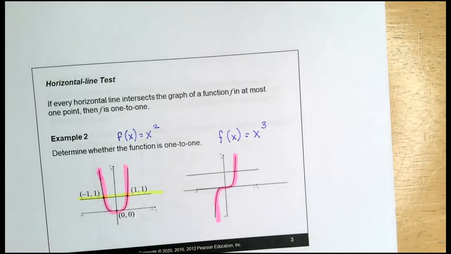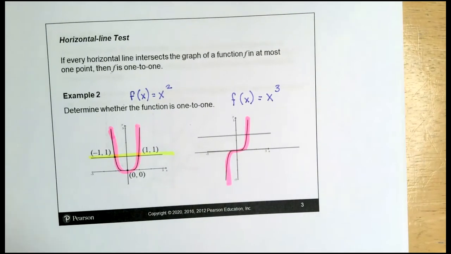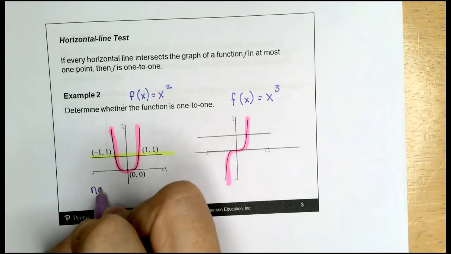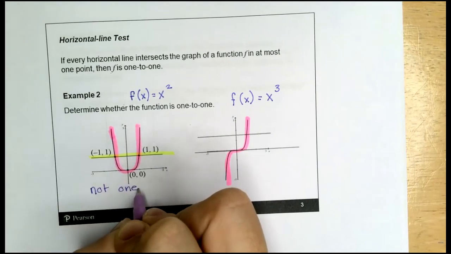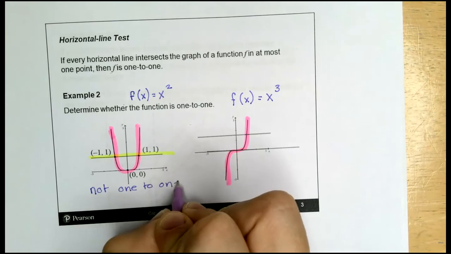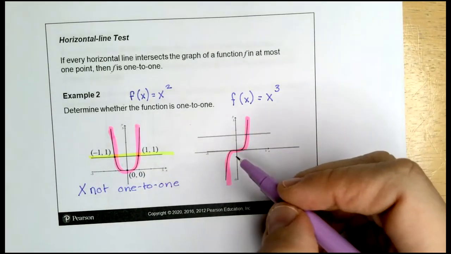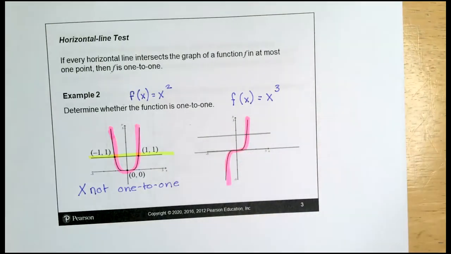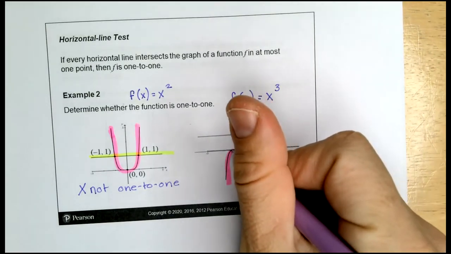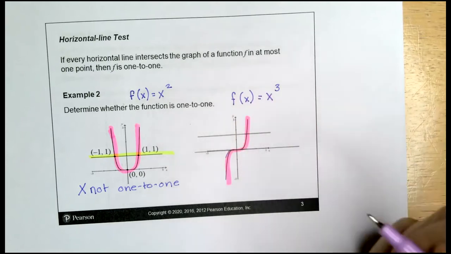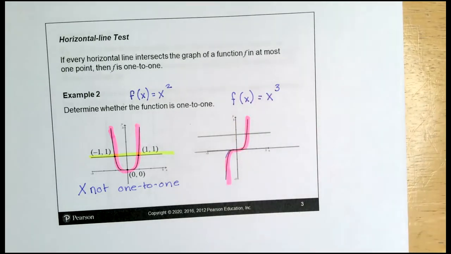Here we say no, right? This is not one-to-one. This one, way down there, it looks like it goes straight, right? And maybe it does, but if it is x cubed, it does not.